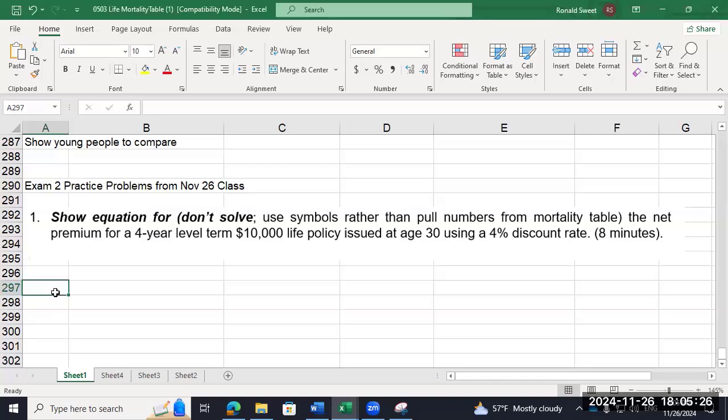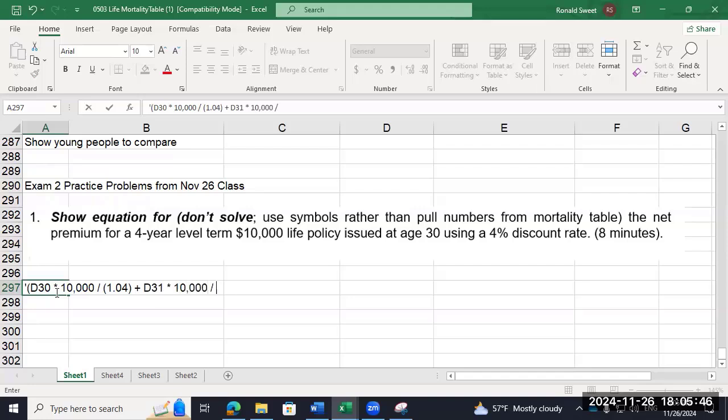All right. Let's try this first one. So you're going to have D30 times 10,000 divided by 1 plus 0.04. Or if you want to, you can actually even just write 1.04 if that's faster. Then D31 times 10,000 divided by 1.04 to the second.